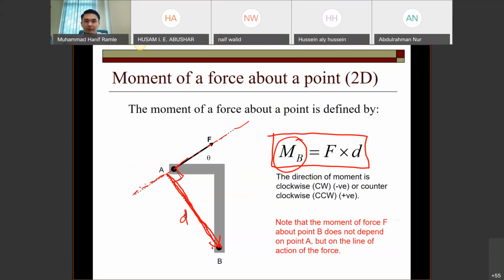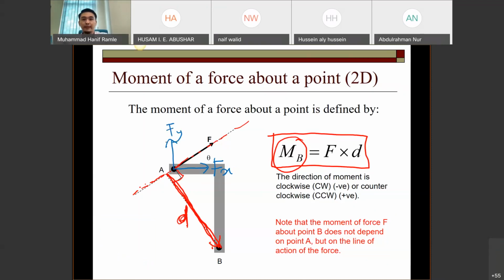If you have this rigid body with a moment equation, you have to use this D. If you follow Varignon's theorem, you don't need this D; you introduce another distance instead. Varignon's theorem says you can resolve the force into components, like this: Fx, Fy.